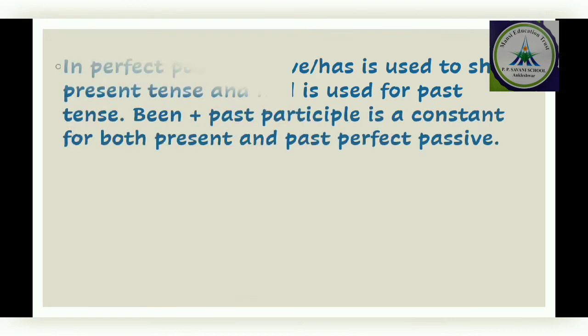In perfect passive, whether the sentence is simple perfect, present perfect or past perfect, we have to use have and has. In present perfect we will use have or has, and in past perfect we will use had. So has and have are used to show the present tense and had is used for past tense. And what will be the structure?